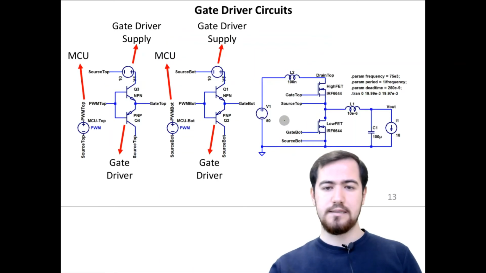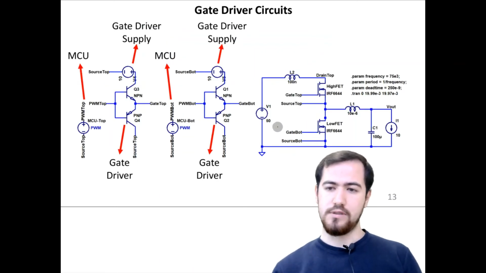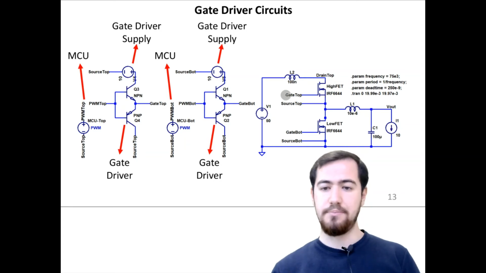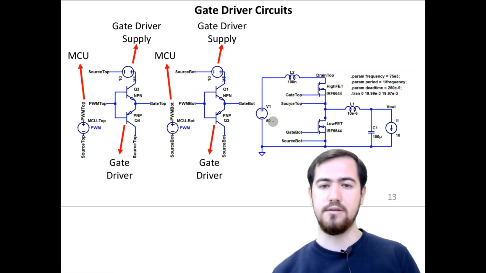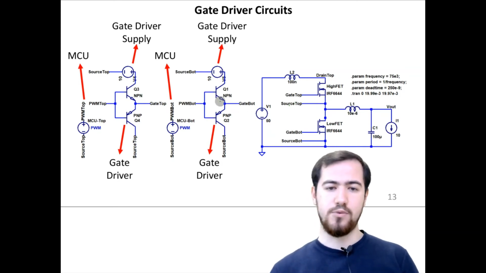So let's see it in a real circuit in the simulation. Now we have replaced the PWM sources between the gate to source bias levels of the high FET and the low FET with gate driver modules.